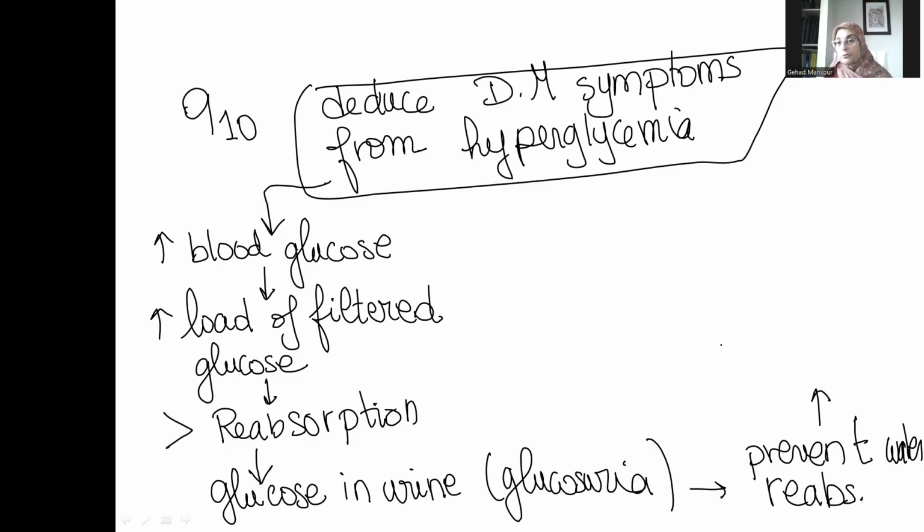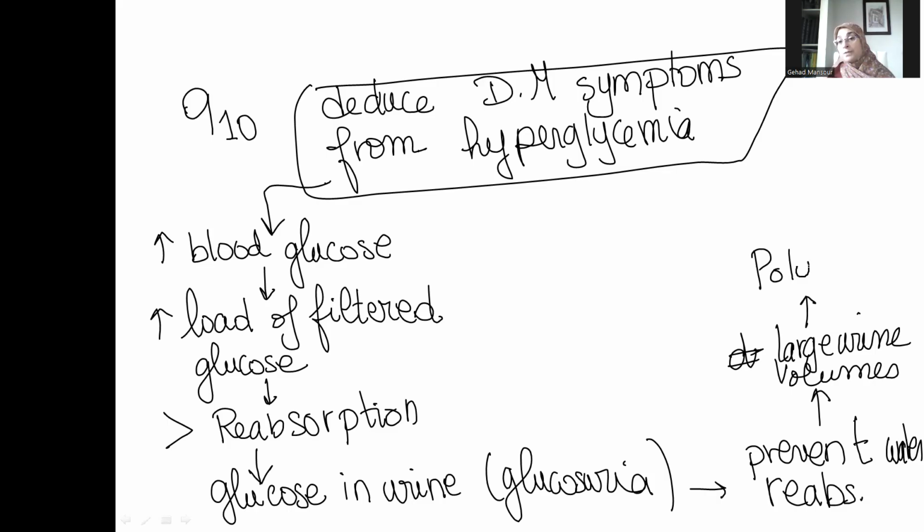Reabsorption of water. So you will have large volumes of urine. As I said in the classroom, we cannot say diluted urine because just like you have more water, you have more glucose. Large urine volumes, this is polyuria, and that's why the patient with diabetes suffers from polyuria.